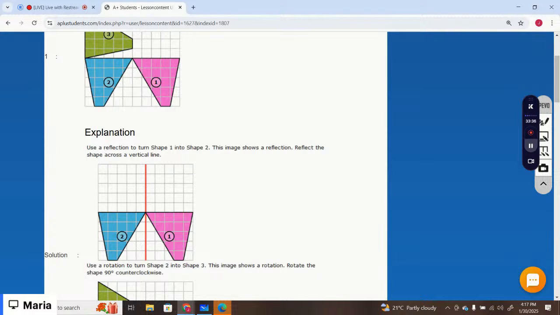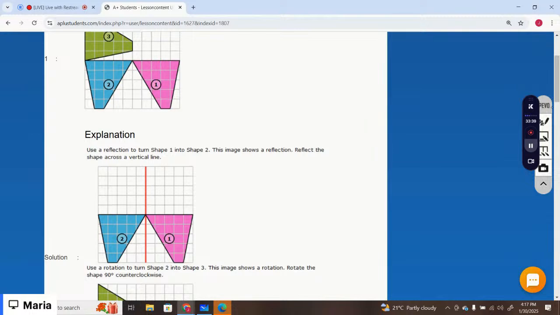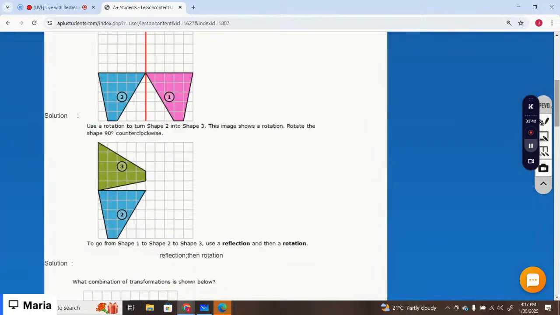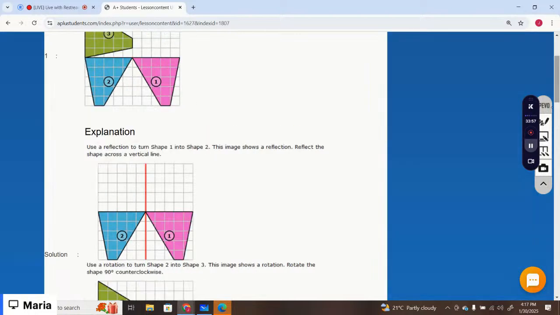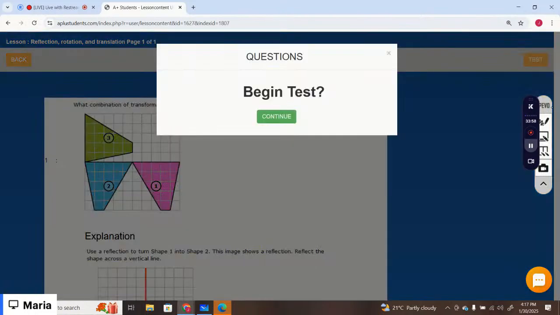So 2 is the reflection. And then 2 to 3 is the rotation. You rotated the image along this point. So from 1 to 2, that is reflection, and from 2 to 3, that is rotation. Let's just start with the test questions.